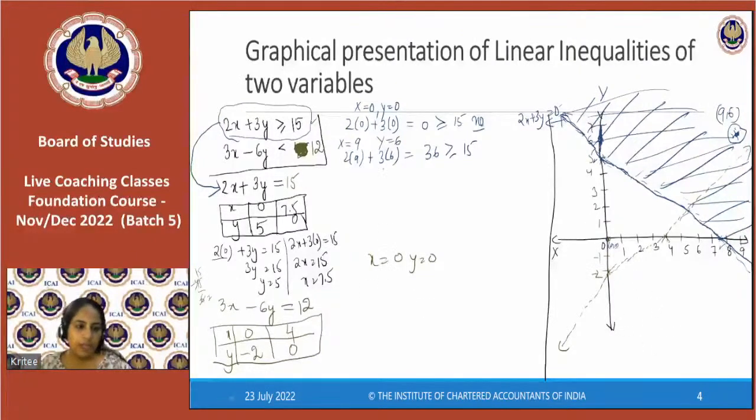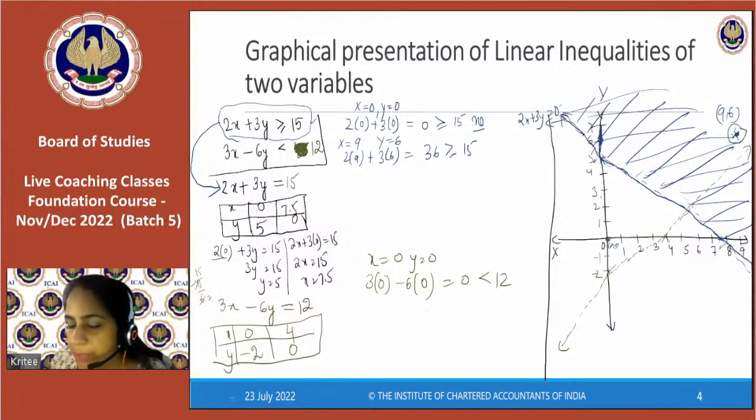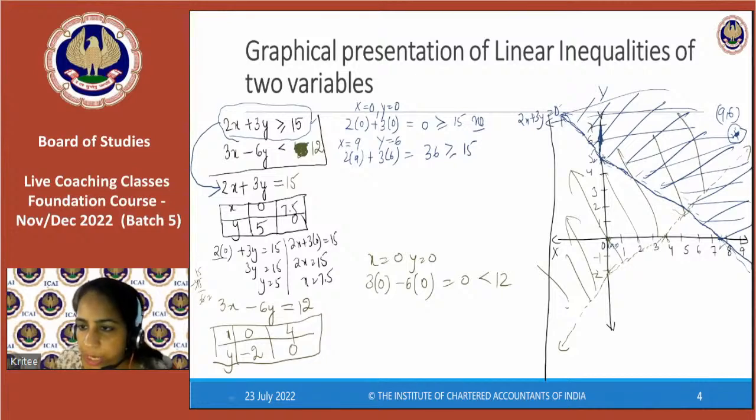Okay, so I will substitute the values. 3 comma 0 minus 6 comma 0. Answer is 0. Is 0 less than 12? Yes, it is less than 12. That means my shading will start moving towards 0. All the values which are going towards 0 are satisfying the given condition.